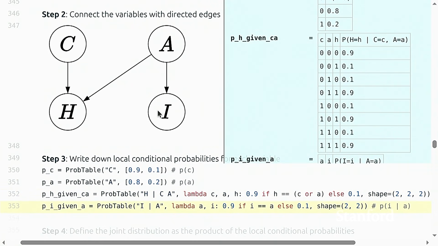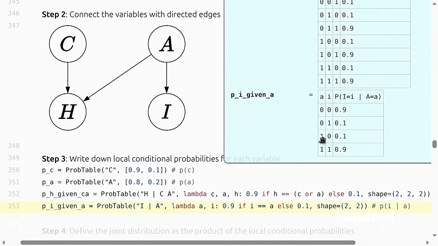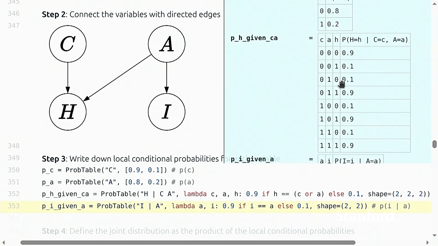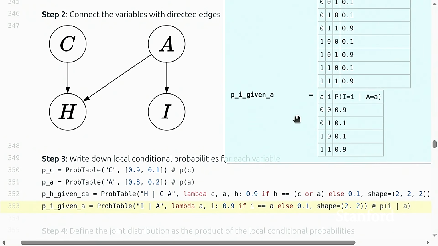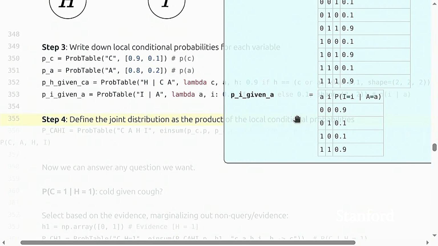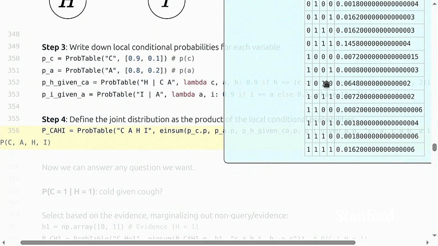Okay, and then the fourth variable is I, given A. So this is the probability of itchy eyes given allergies, and I'm just going to assume that it's 0.9 if the two agree. So the probability of itchy eyes given allergies is 0.9. The probability of not itchy eyes given allergies is 0.1. Okay, so now I've defined these 4 local conditional distributions. I can define the joint distribution by just multiplying them all together, and this gives us this pretty horrendous mess.